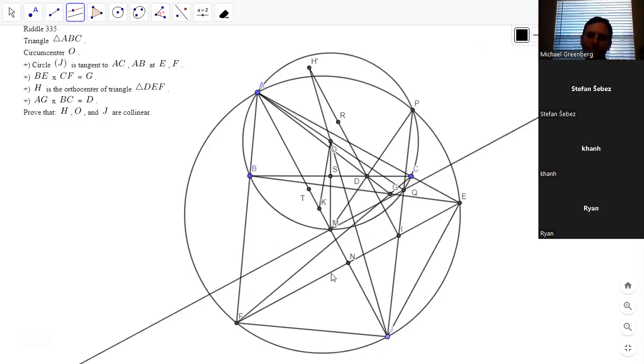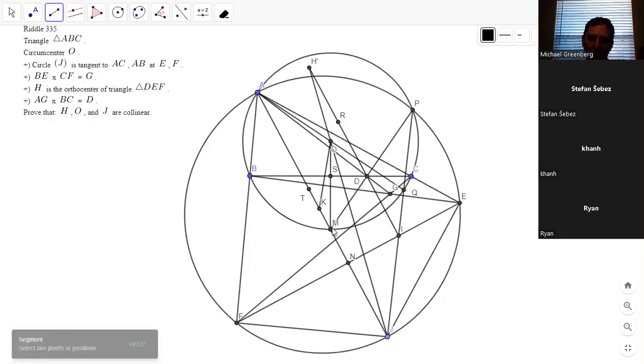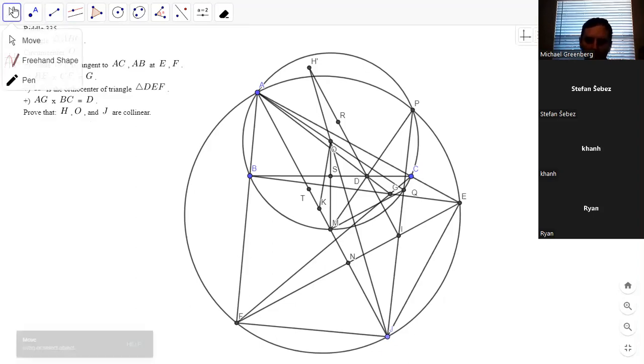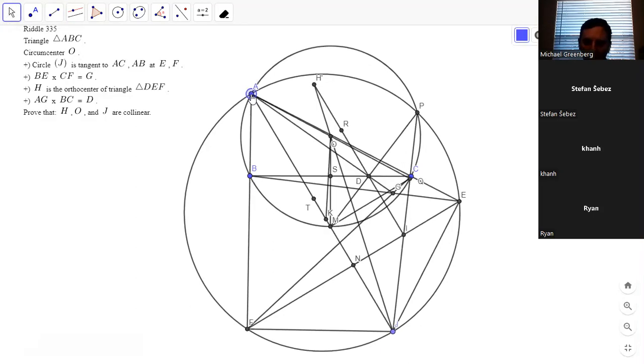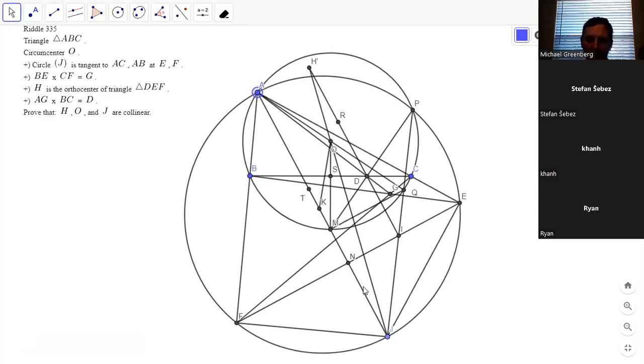Oh, and MQ is parallel to EF. So yeah, that actually might be really helpful. Because we have, so JT is 2JN, and JN over JM is JI over JQ.